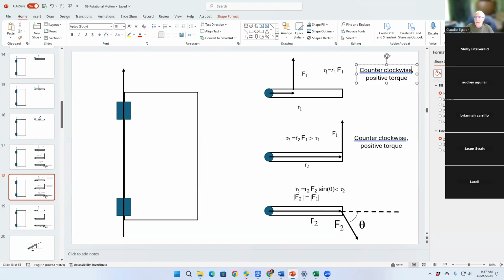Positive torque. Counterclockwise rotation, positive torque again.